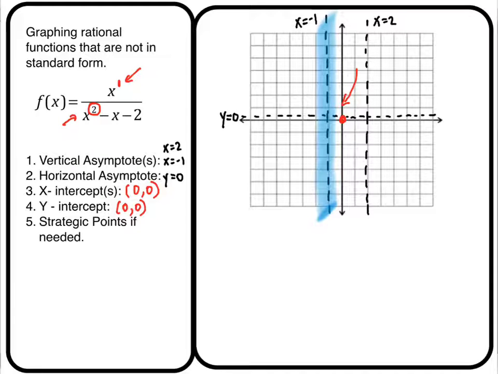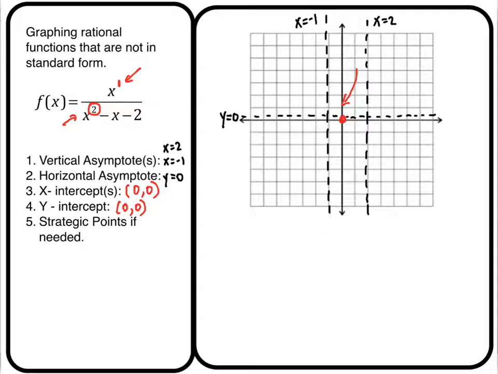What we're going to do is see if the graph is going to exist here or here, which basically means to the left of that asymptote, it's going to be either above the x-axis or below the x-axis. Once we plug in a point that's to the left of that vertical asymptote, x equals -1, we're going to reveal where the graph is, and we can run with it from there. So let's do that.